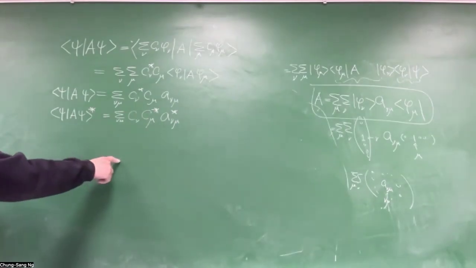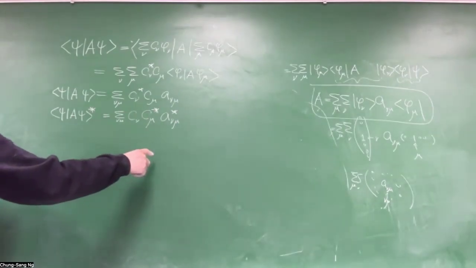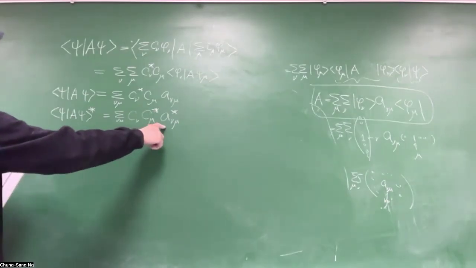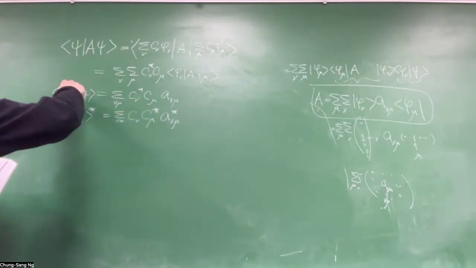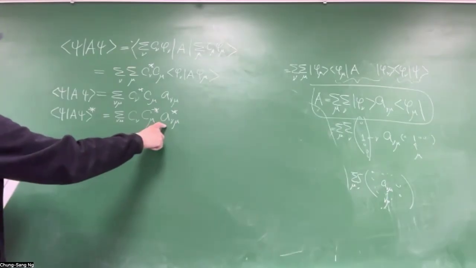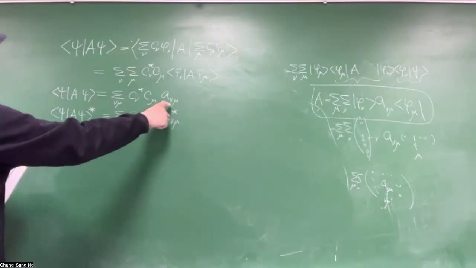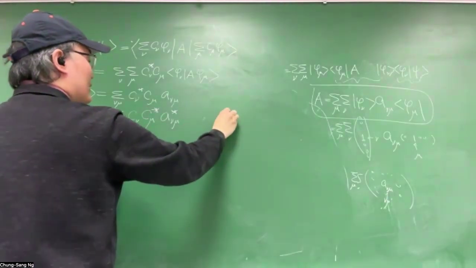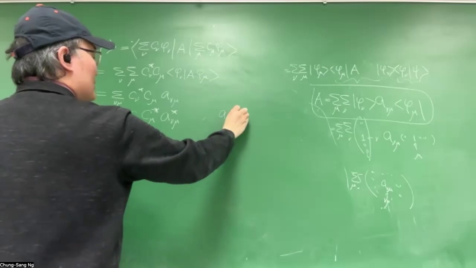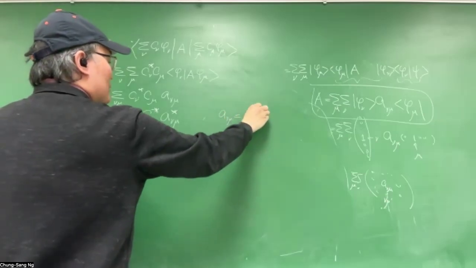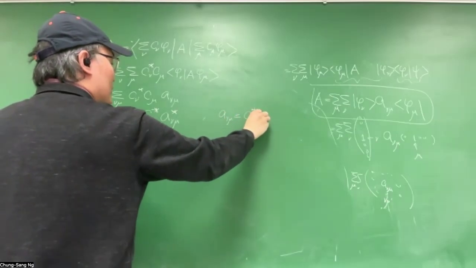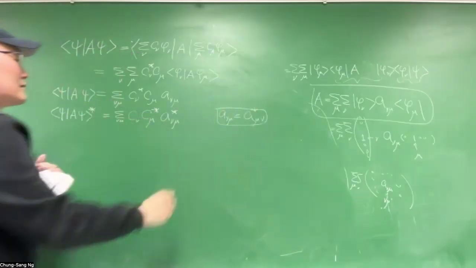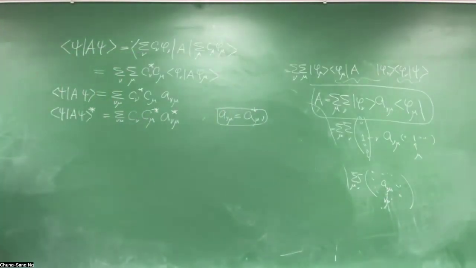Now you use the property that A is Hermitian, meaning A_nu mu is just the complex conjugate of A_mu nu. This is the definition of Hermitian.